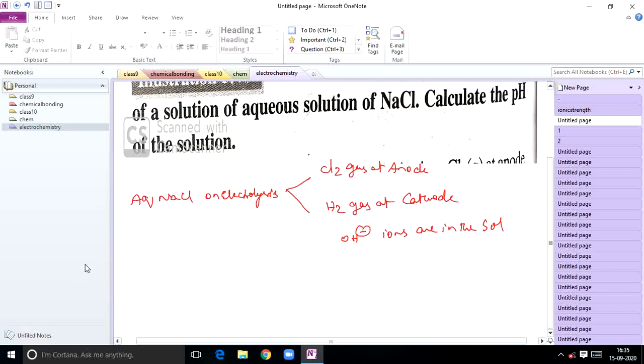So here the relation you have to bring is 1 Faraday is equal to 1 equivalent of hydrogen.